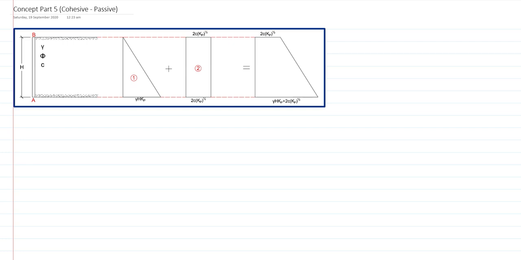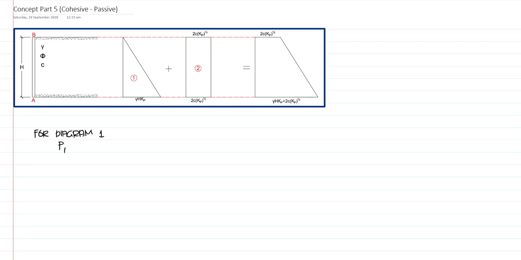So, yung unang diagram doon, syempre, yun pa rin yung lateral earth force or lateral earth pressure ng ating soil for the passive condition. So, we take it as diagram 1. So, for our diagram 1, that will be also pressure number 1.